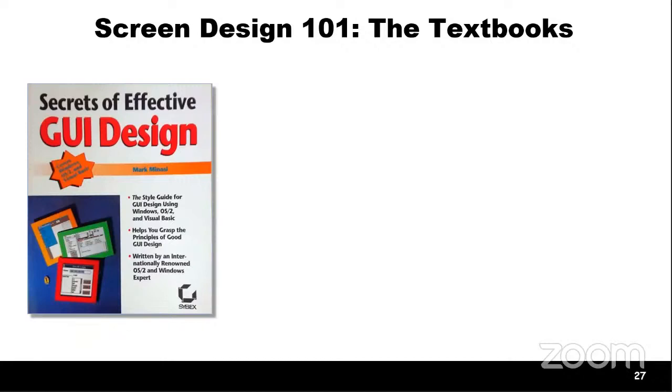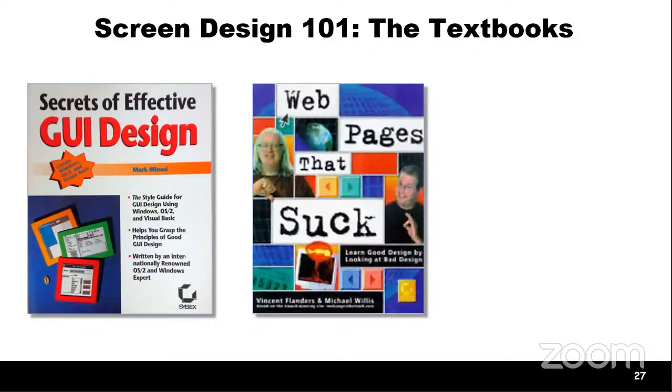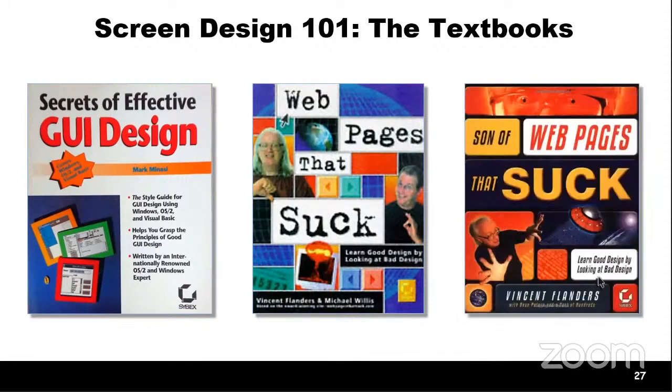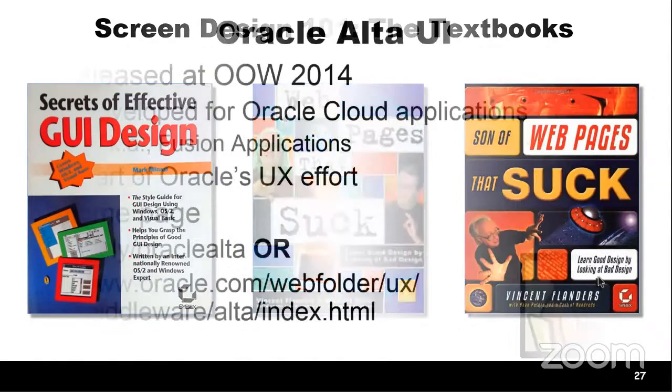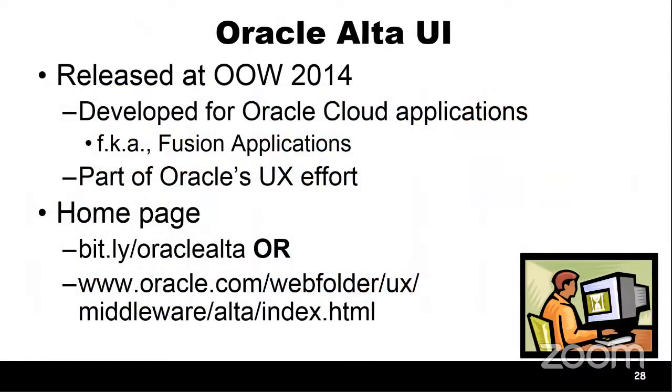So we were looking for standards, and we found this book, Web Pages That Suck, and it was good from the standpoint of looking at what doesn't work, and then trying to figure out how to make your screen not look like that. It was kind of an anti-standard. And then we got the follow-on book to that, Son of Web Pages That Suck. So there was really nothing out there as far as a coordinated standard.